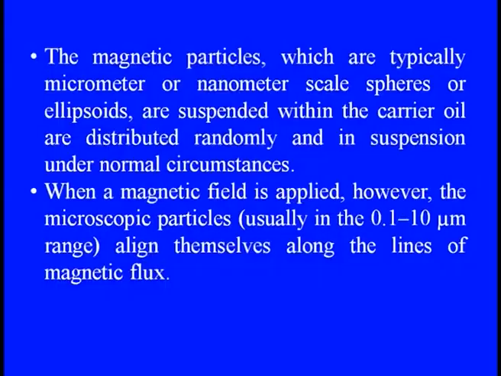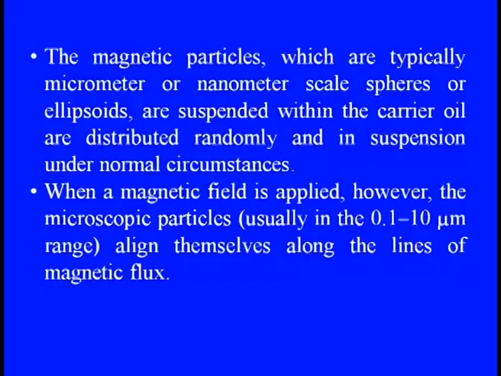They can be suspended within the carrier oil and are distributed randomly in orientation. Under normal circumstances, random orientation of these magnetic particles is pretty common in the non-conducting carrier oil.